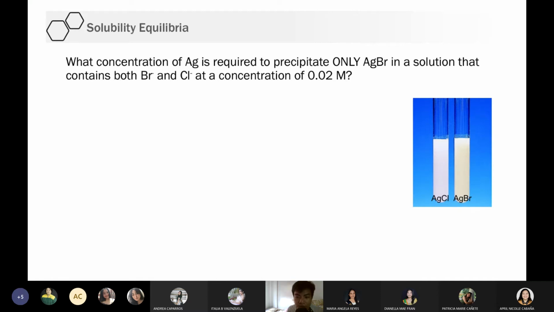How about this one? So, for this problem, may nilagay akong isang ganito sa quiz. For this problem, ang meron dito is you have a mixture of bromide and chloride ions na 0.02 molar. Then, ang mangyayari, maglalagay ka daw ng Ag to precipitate only AgBr.